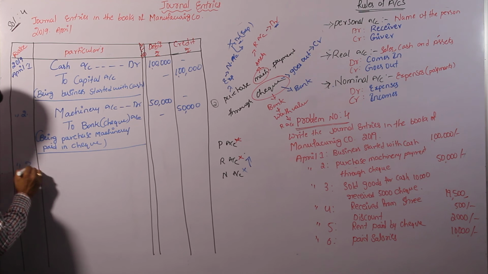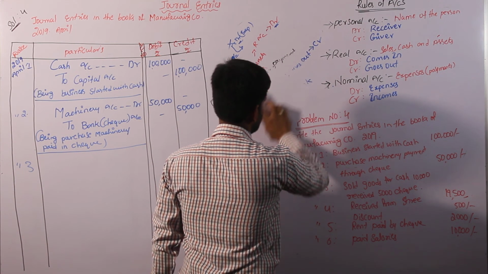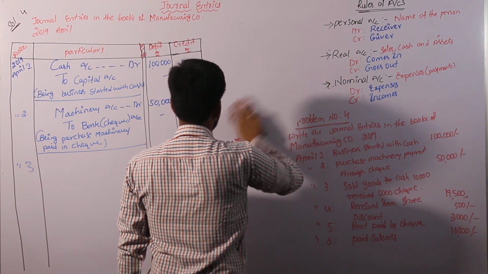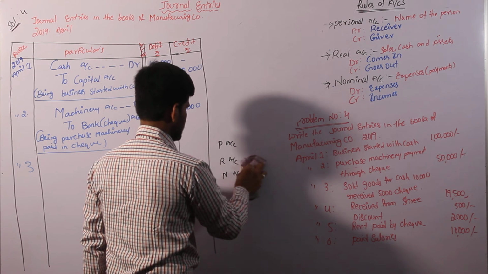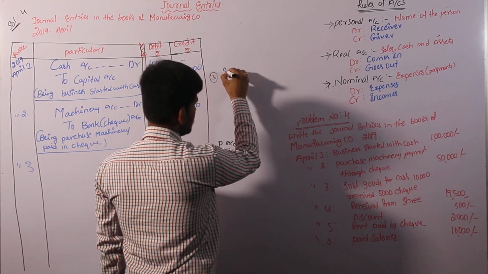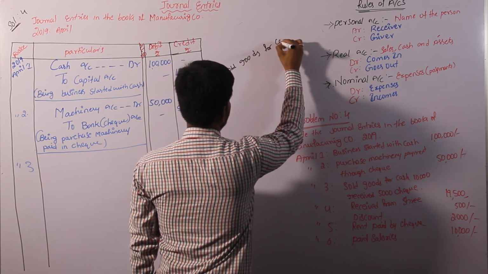And come to the third transaction. Third transaction: sold goods for cash.